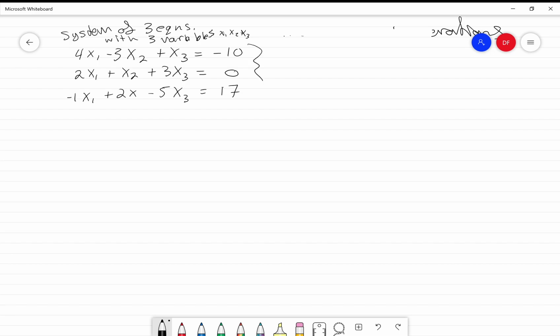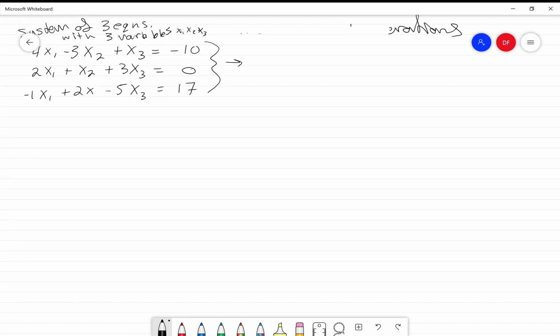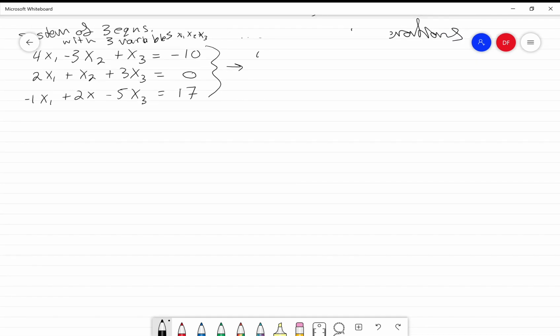You should easily be able to change this into a matrix. 4, negative 3, 1, negative 10, 2, 1, 3, 0, negative 1, 2, negative 5, 17. Okay.